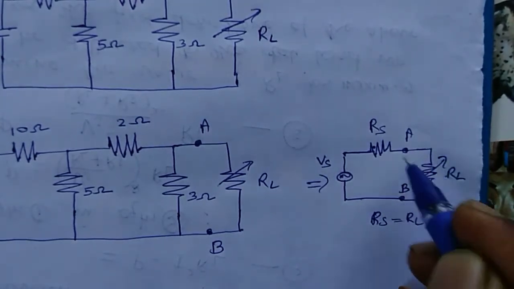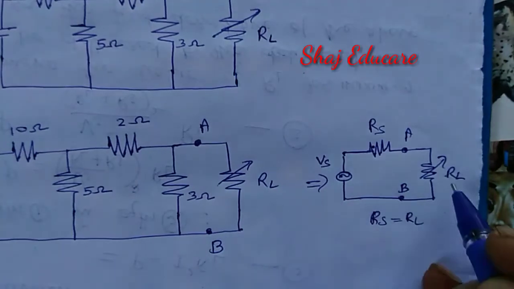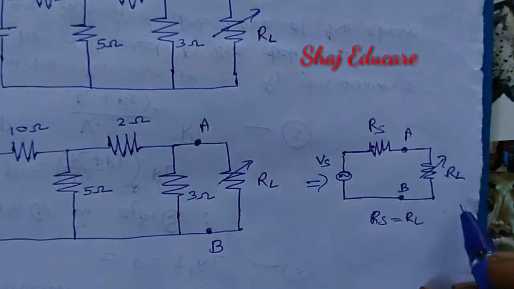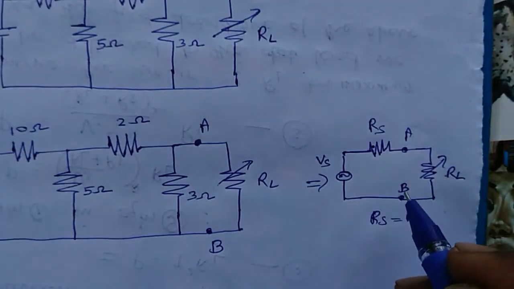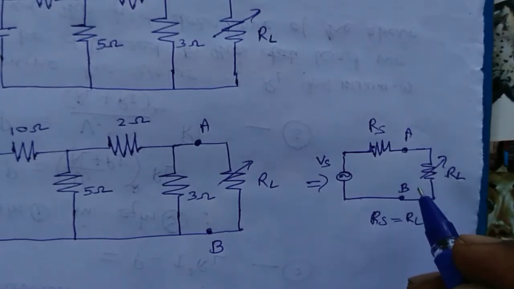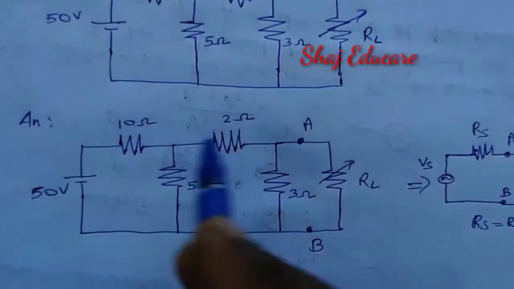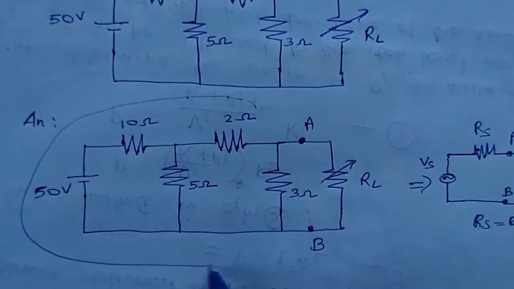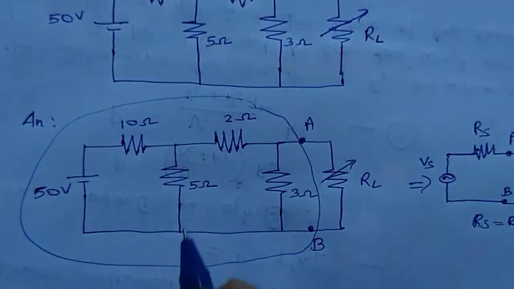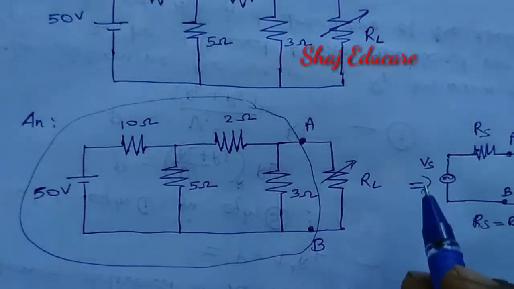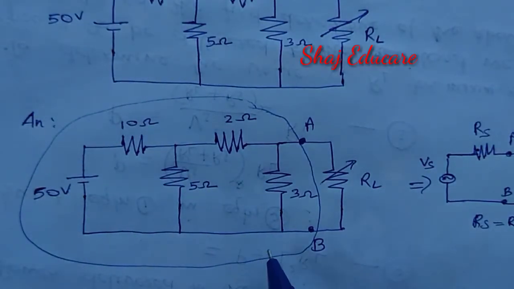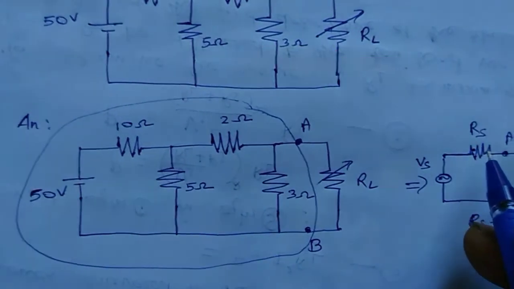Then we have to connect the load resistor back and solve the question given. So first of all, I'm going to convert this portion only, into a single voltage source and a series resistance.